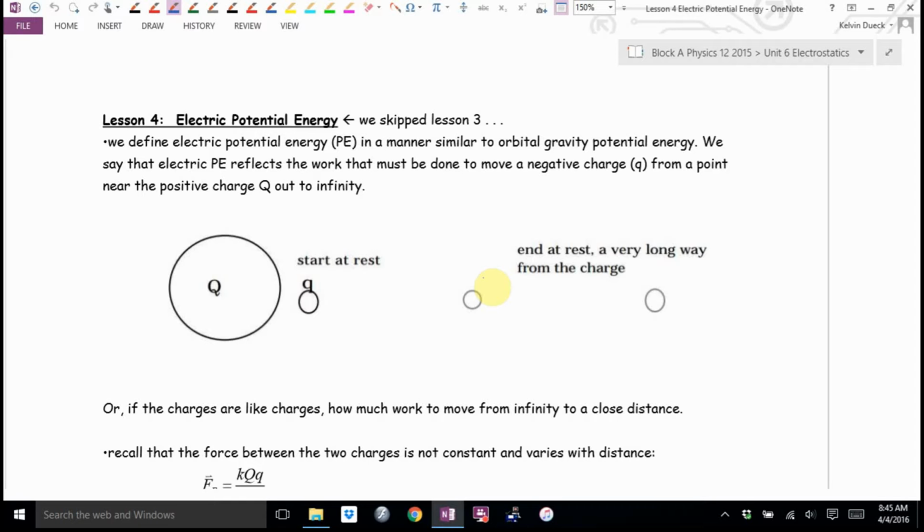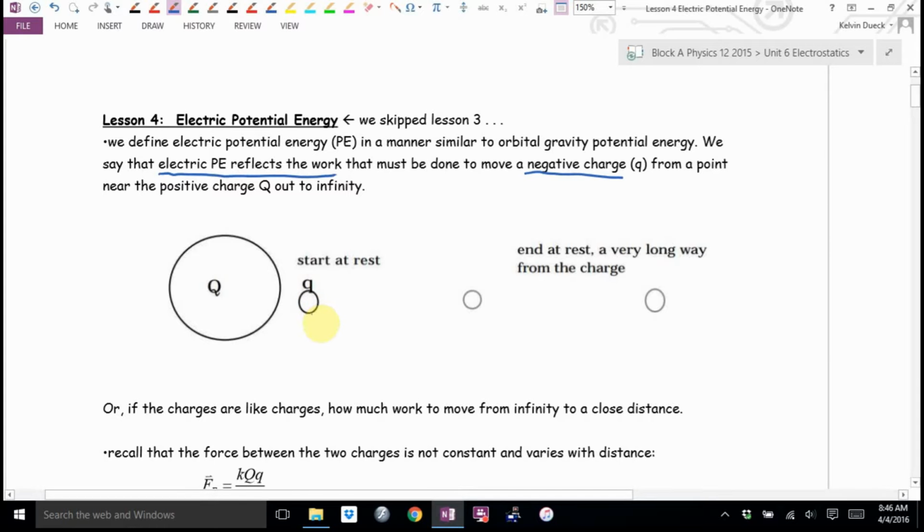And if I say work, hey, that means there must be energy. Okay? This is going to look very, very similar to the gravitational potential energy. We define potential energy in a manner similar to orbital potential energy. We say that electric potential energy reflects the work that must be done to move a negative charge from a point near the positive charge out to infinity. Okay?